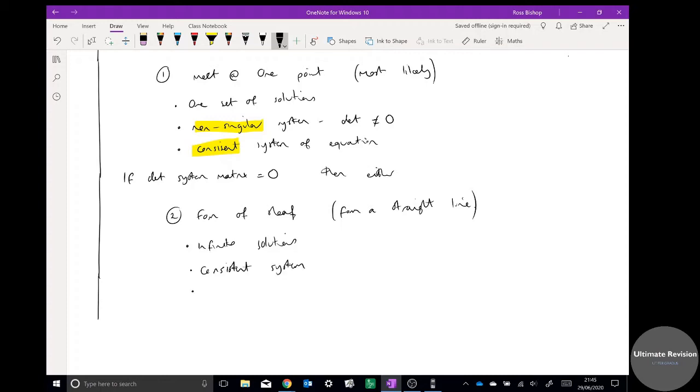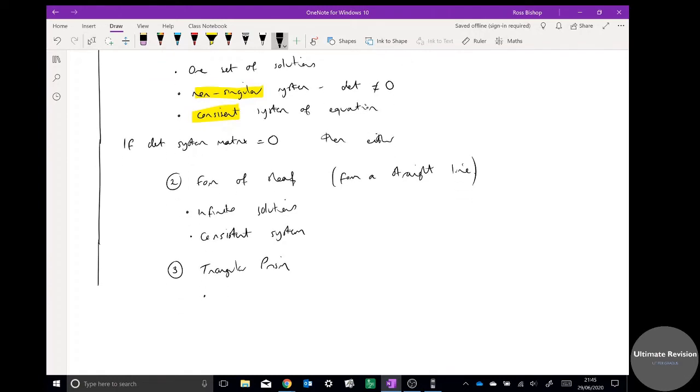And it has infinite solutions there. So that's option one. It could form a triangular prism, which has no solutions, and is an inconsistent system because it has no solutions.